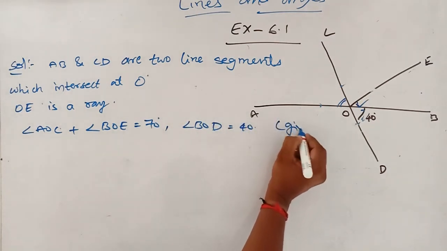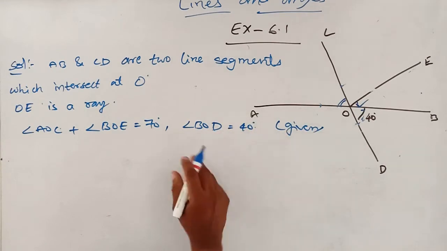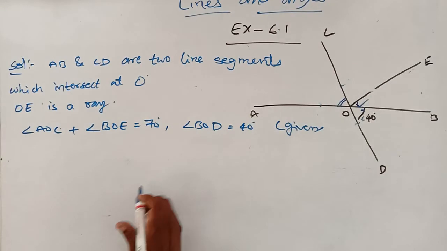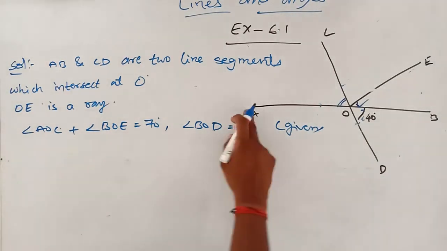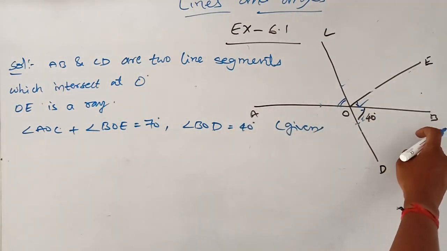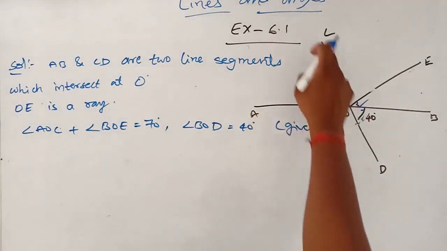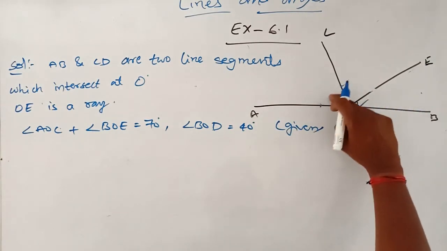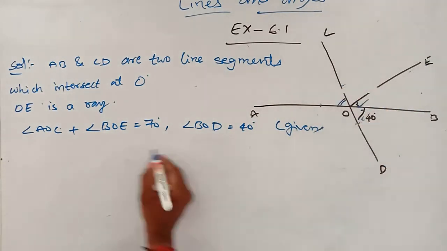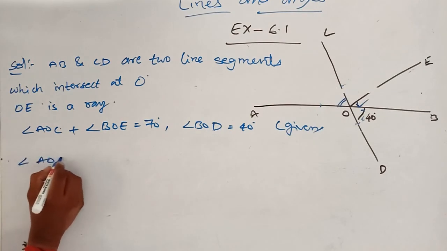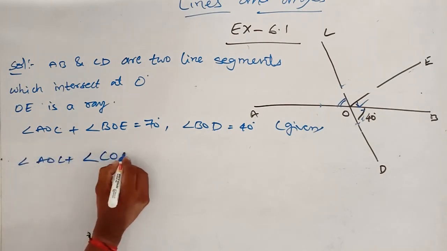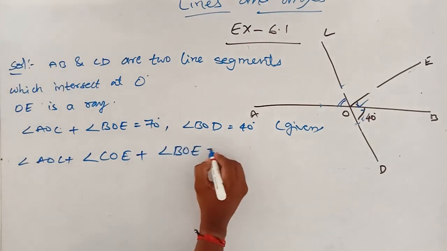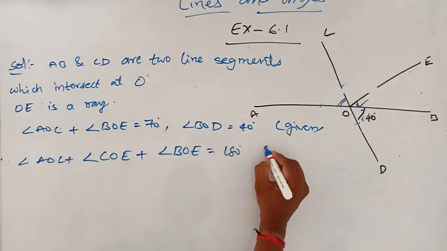Now I have to calculate this angle and reflex of COE. Now here AOB is a linear pair because it is a straight line. Now angle AOC plus angle COE plus angle BOE is equal to 180 degrees because it is a straight angle.